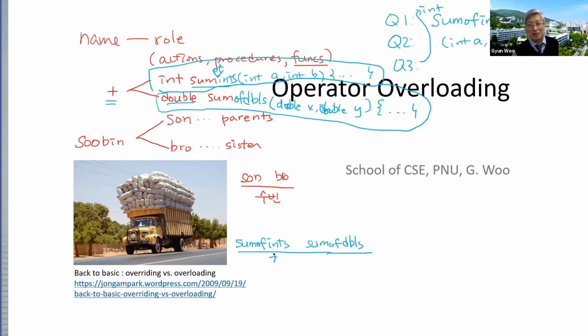So in that respect, you know that plus is overloaded. It has two rows. The first row is the sum of integers function, and the second row is the sum of doubles function. Some part of it is a sum of integers. Some part of it is sum of doubles.